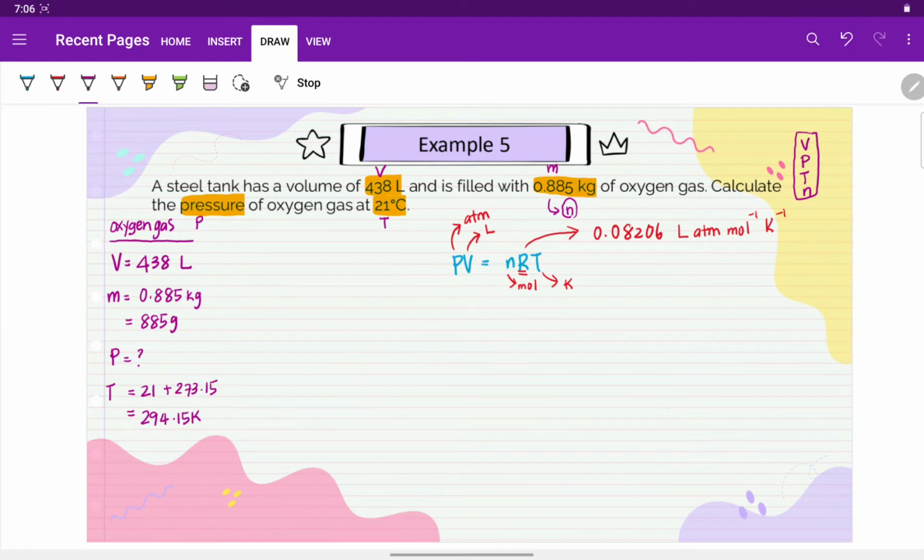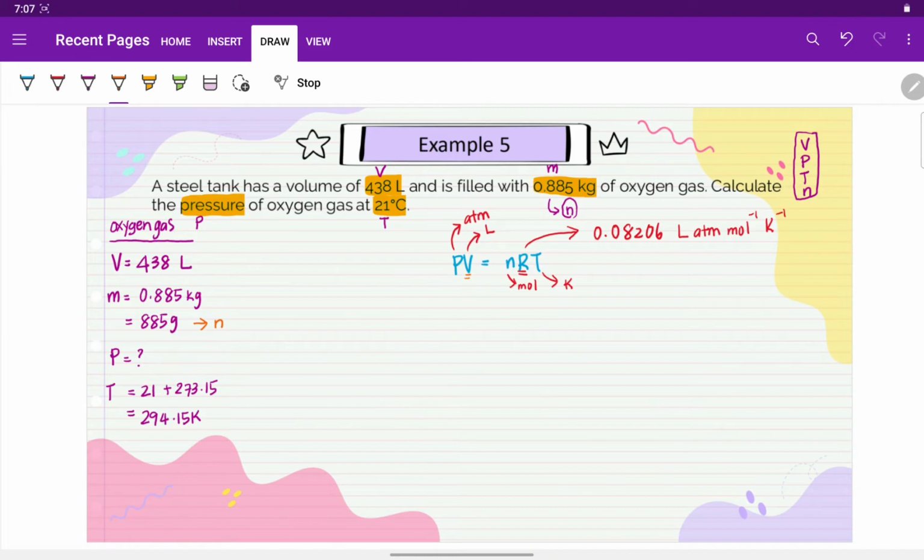So once you have all this information, awak double check dengan kita punya information dekat sini. PV equals nRT, pressure yang kita nak cari, so biarkan. Volume, kita ada tak volume? Ada, check dalam liter, okay, settle. Kemudian kita nak number of mole, but the one that we have over here adalah mass. So maksudnya daripada mass ni nanti kita kena cari dulu number of mole.